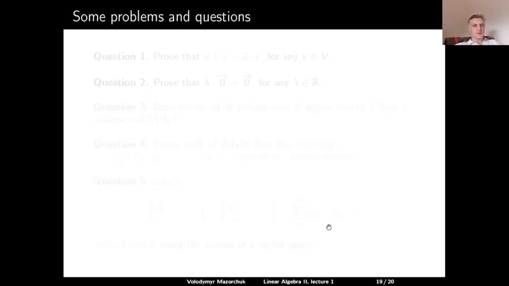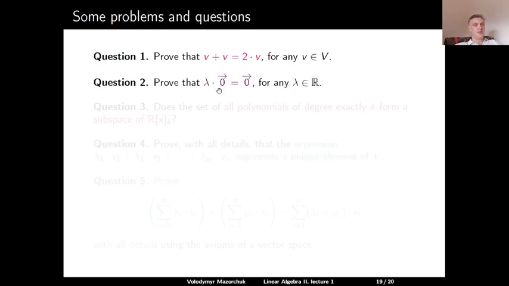Okay, so that's all. Let's also formulate some more exercises, problems, and questions. Question 1. Prove that v plus v is equal to 2 times v for any v in V. Question 2. Prove that lambda times the zero vector is equal to the zero vector for any real number lambda.